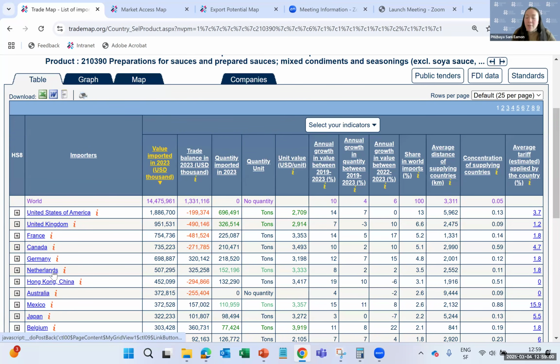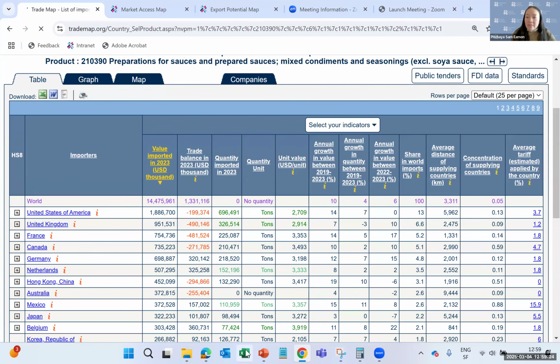And what is interesting about the Netherlands, and it confirms my belief that it's the distributor, is the fact that its trade balance is positive. It's not a net importer. Netherlands also exports, and it exports more than it imports. That's why it's a positive number. So I'm going to go with the Netherlands for my prepared sauce.